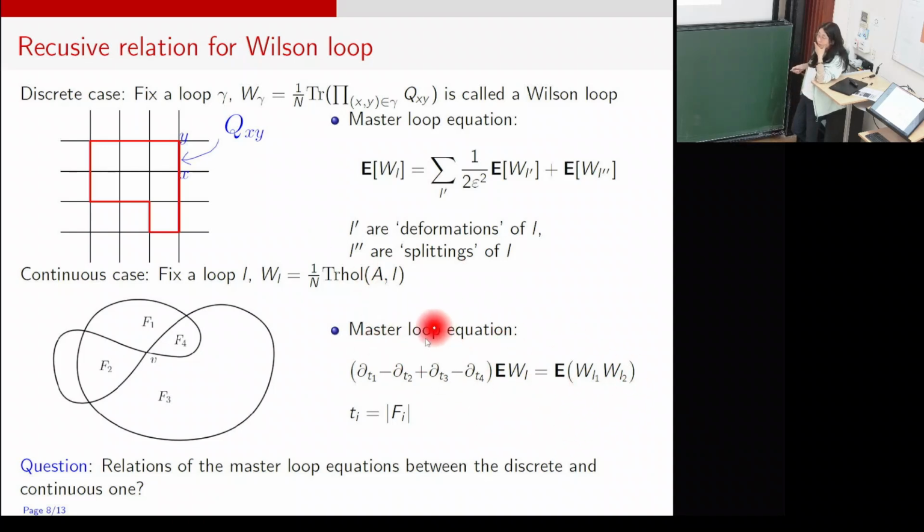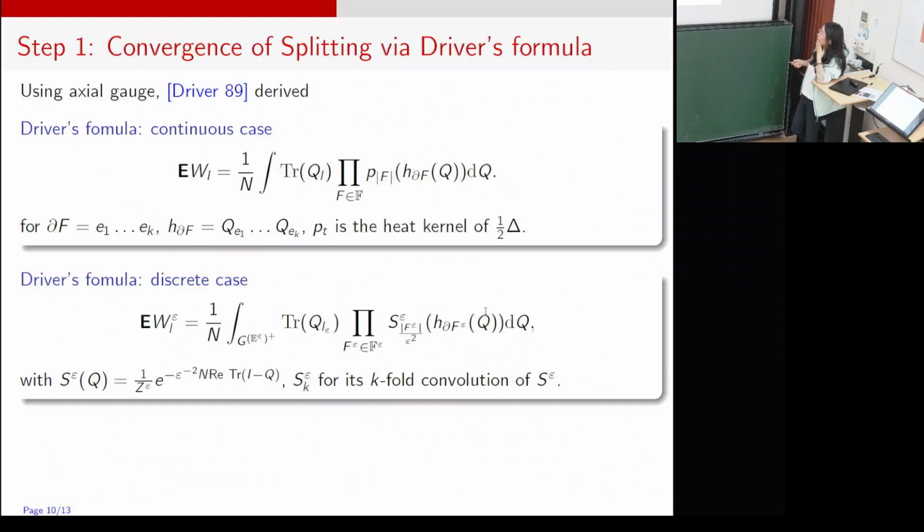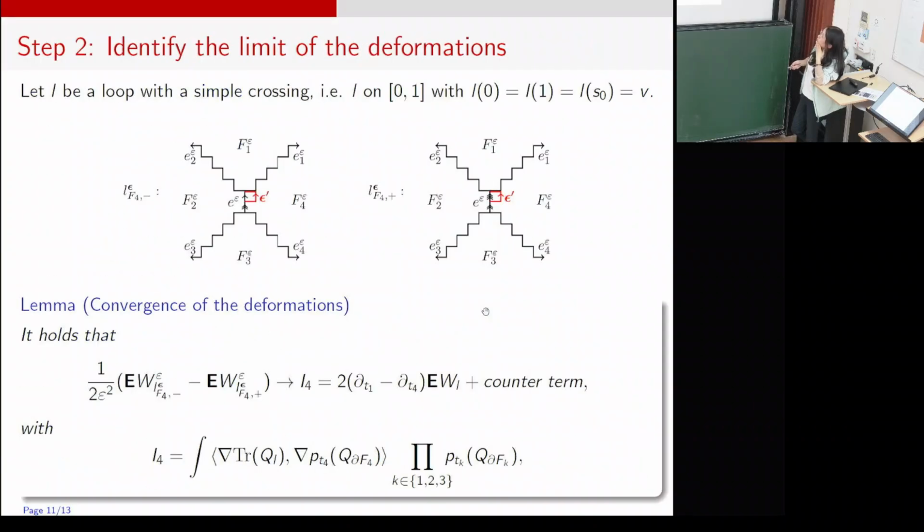So the basic idea for our proof is to identify the limit of this deformation part, and we need to use this deformation to get the area derivatives to finally get our continuum master loop equation.